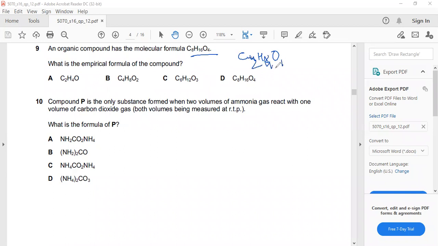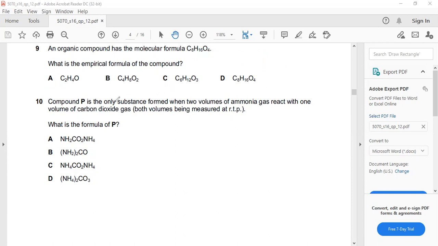C2H4O1, C2H4O. So A is the answer. Empirical formula is the simplest formula. You can simplify by dividing by the biggest number by which all the elements can be simplified. So 4 is the biggest number by which they can be divided.